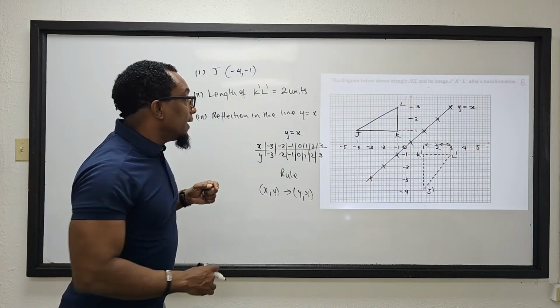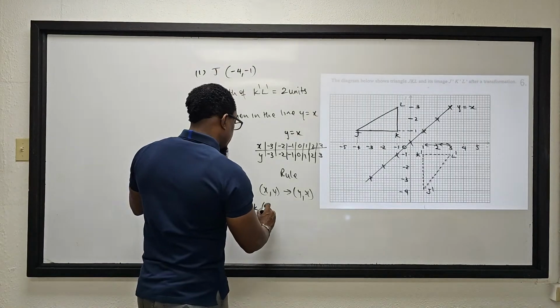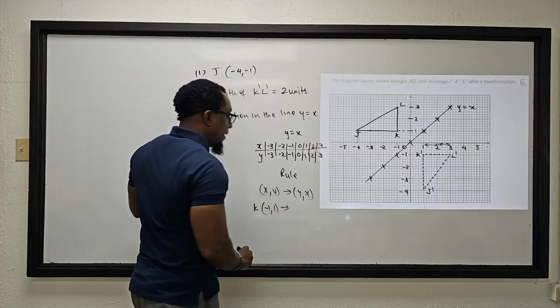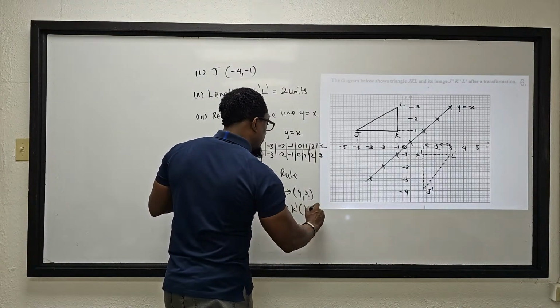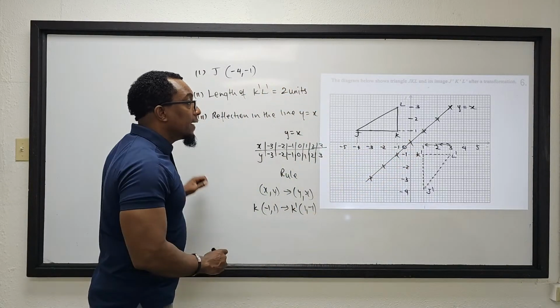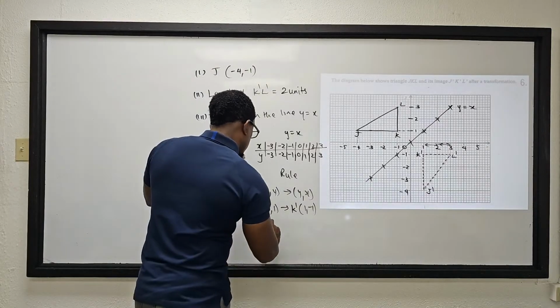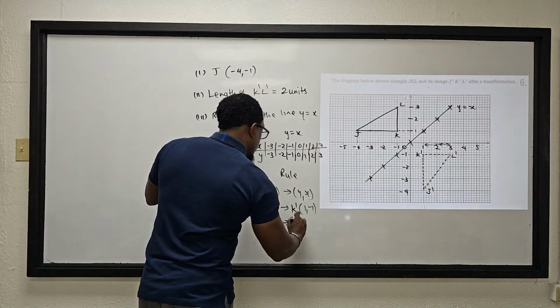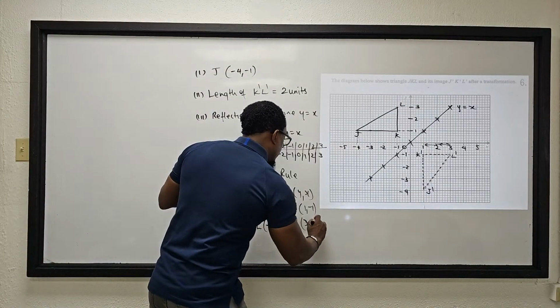Let's take K, whose coordinates are negative 1, 1. If I switch them, then K prime will be 1, negative 1. So if I plot 1, negative 1, that will be K prime. If I take L, whose coordinates are negative 1, 3, then L prime, switching the coordinates, will be 3, negative 1.